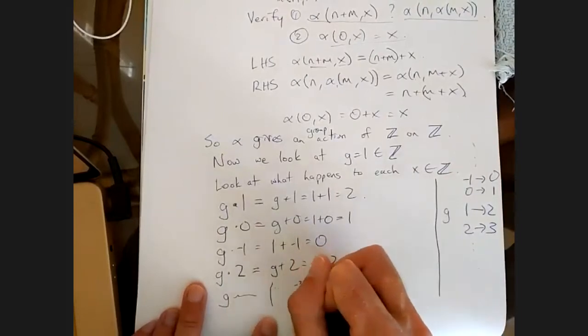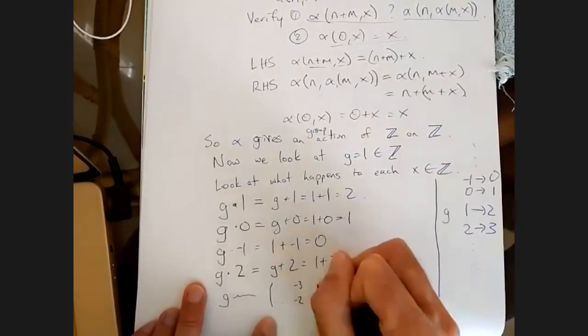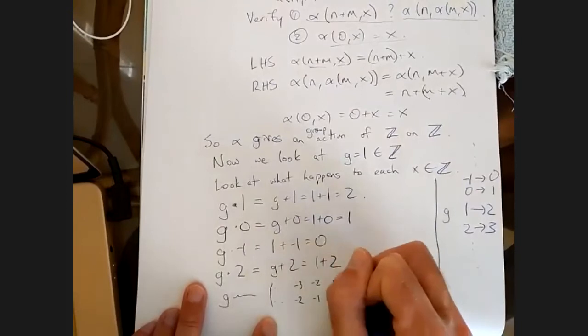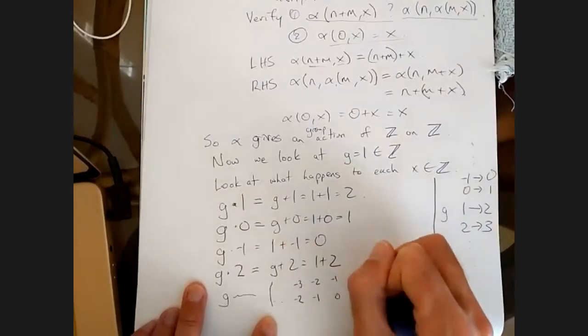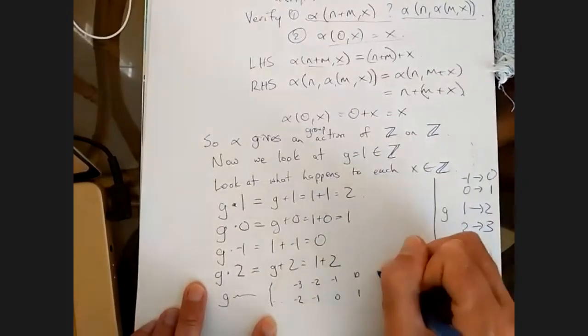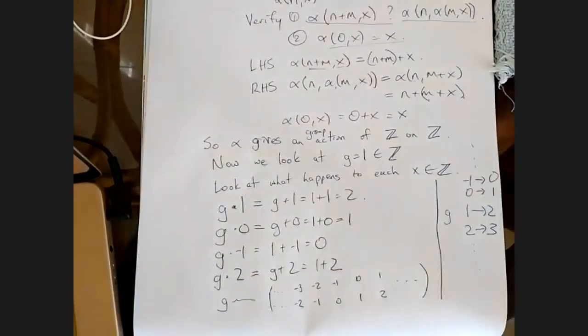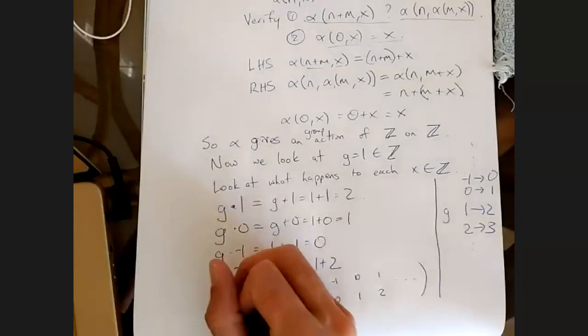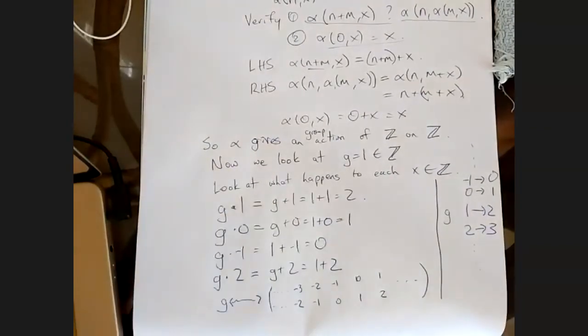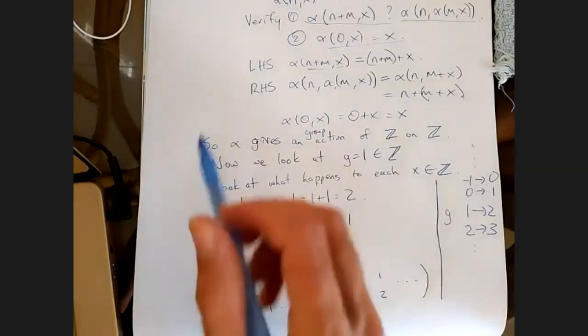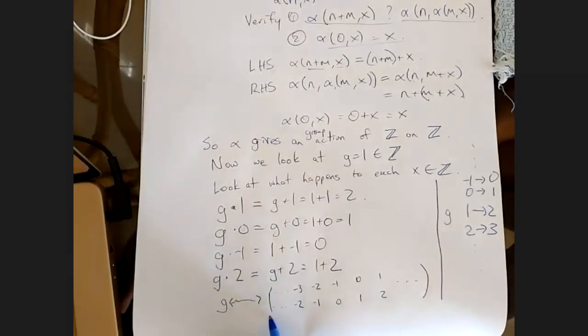So you have -3 goes to -2, -2 goes to -1, -1 goes to 0, 0 goes to 1, 1 goes to 2, and on like that. So we can think of this group action as identifying the group element 1 with this permutation on the integers, this shifting permutation, I guess.